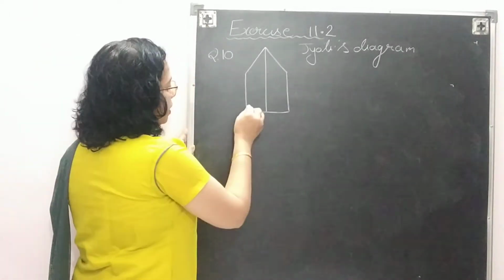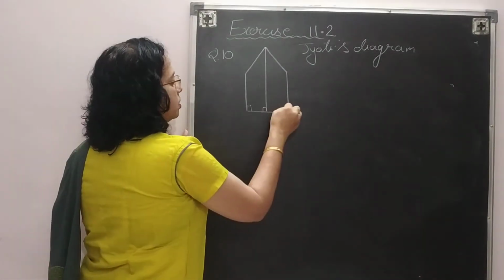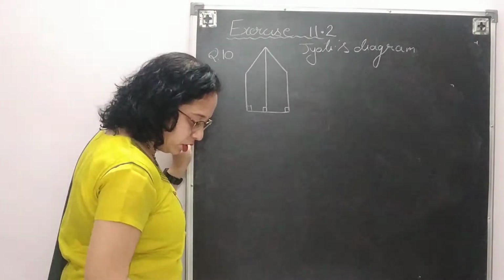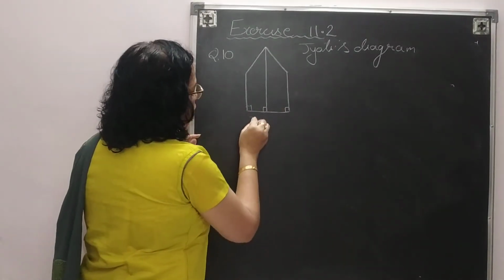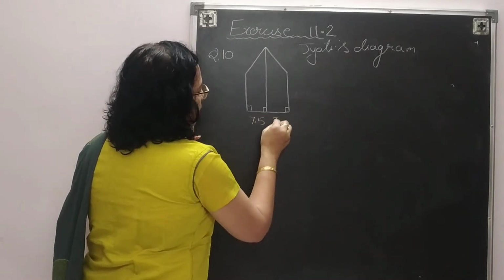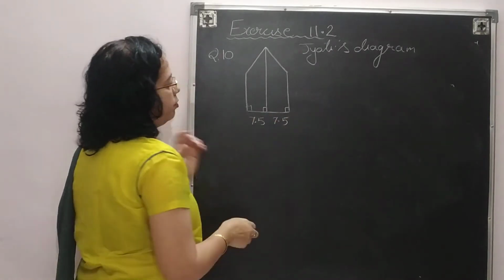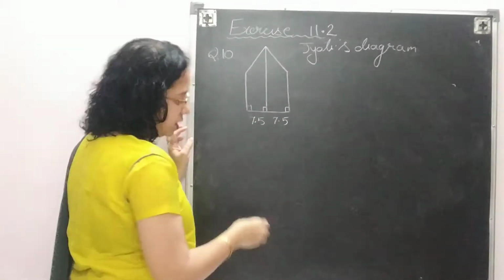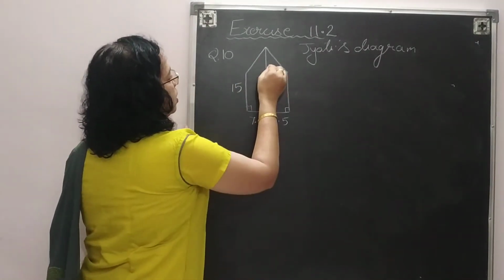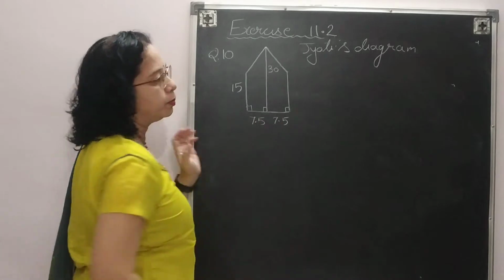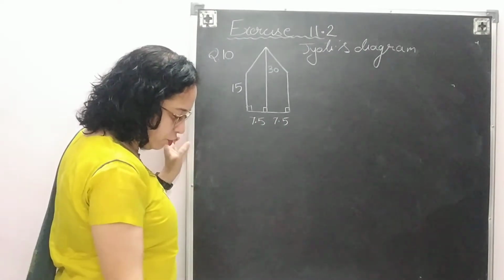Let me write down all the dimensions here. This perpendicular is already given. The total length is 15, so this will become 7.5 and this will also become 7.5 because we have divided it into equal parts. This is given as 15, and the total length is given as 30. We need to find the area.